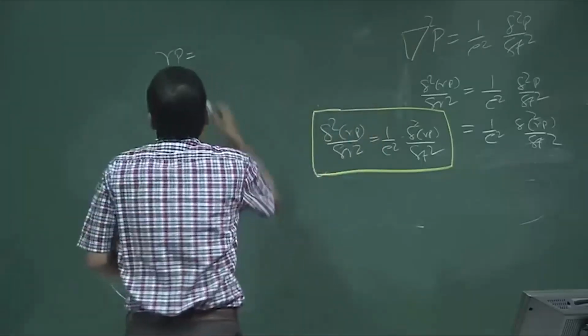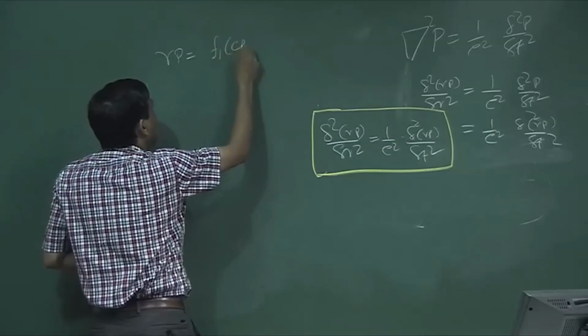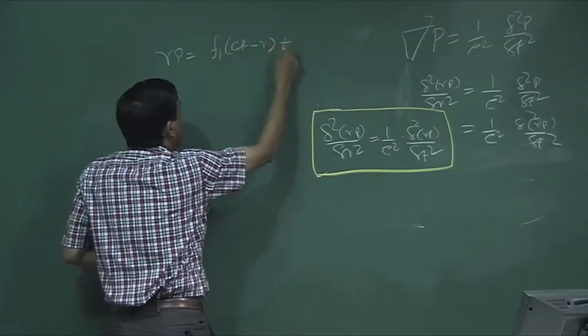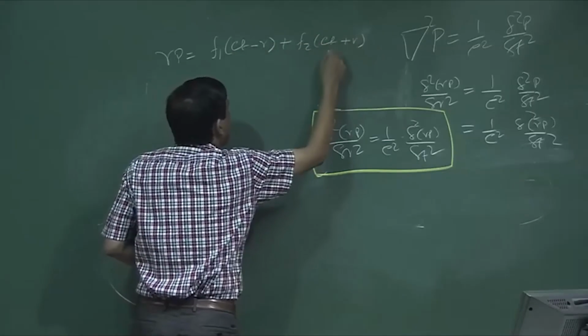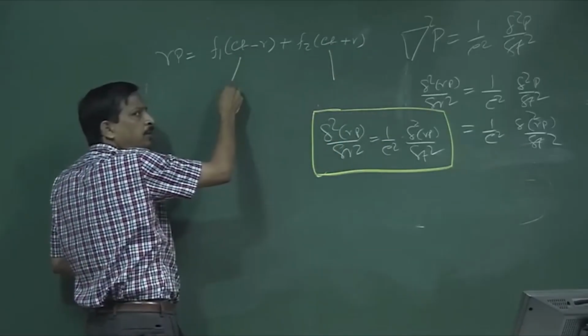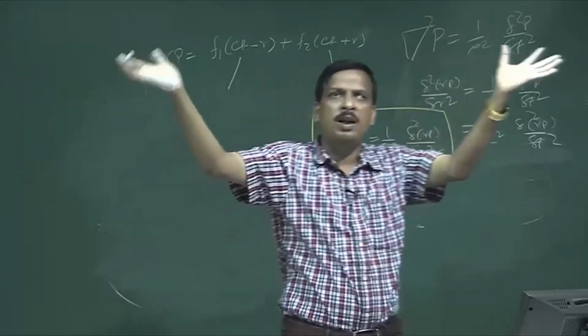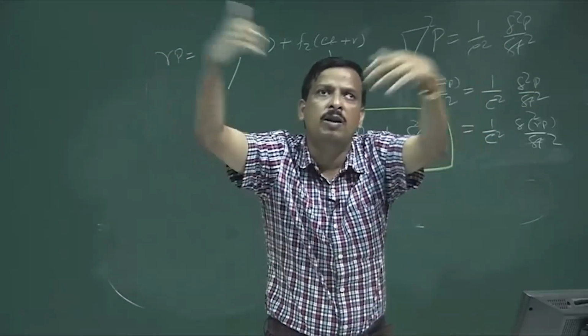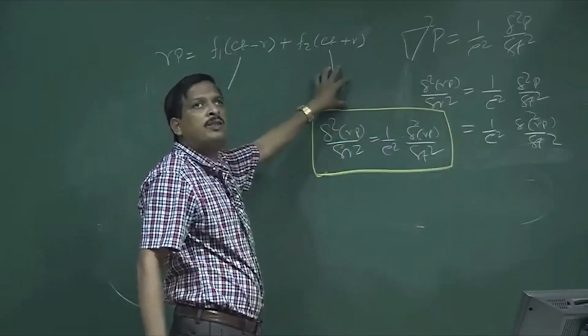So I can write this rp as two functions, one is f1 of ct minus r, plus f2 of ct plus r. So this is a diverging wave and this is a converging wave.